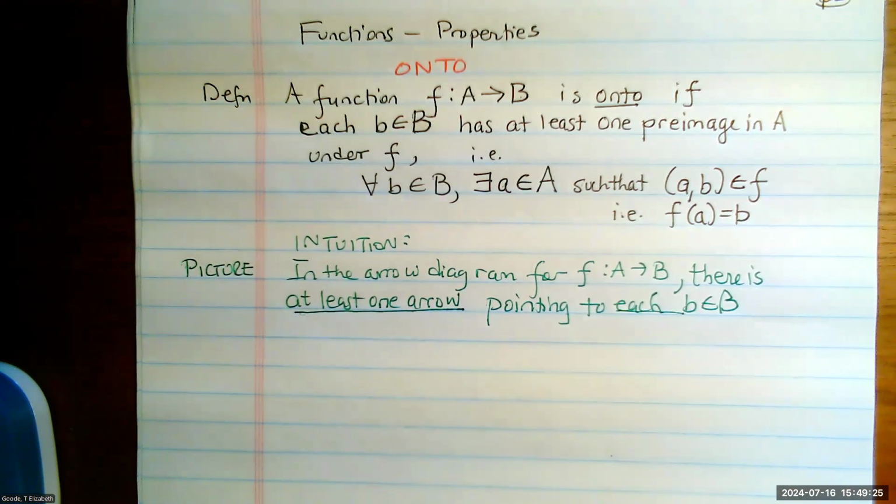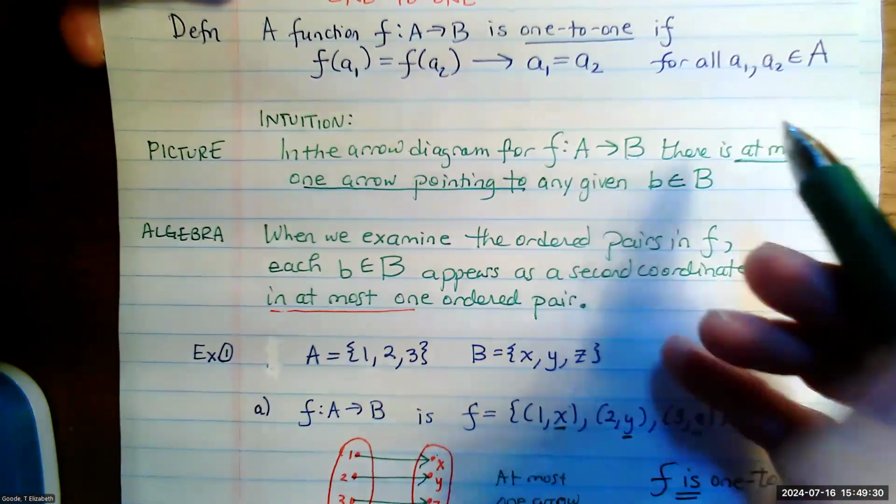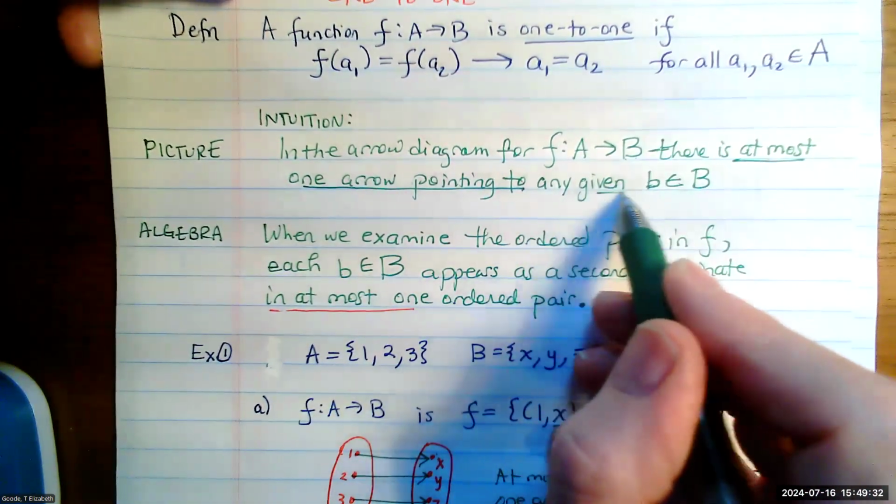Whereas for 1-to-1, we have to have at most one arrow pointing to any given b.